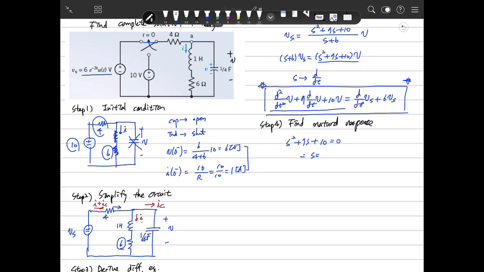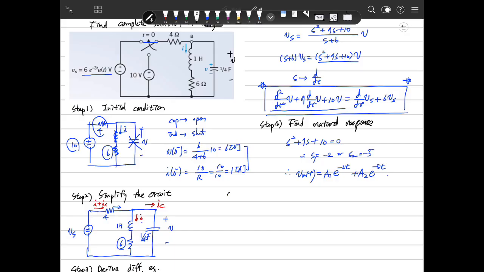Therefore, s1 is minus 2 and s2 is minus 5. Therefore, v of t will be A1 exponential minus 2t plus A2 exponential minus 5t.